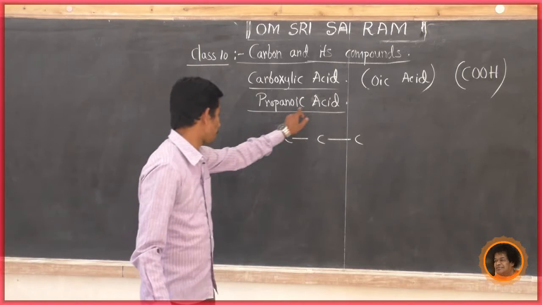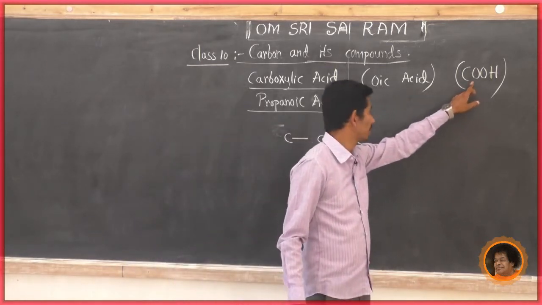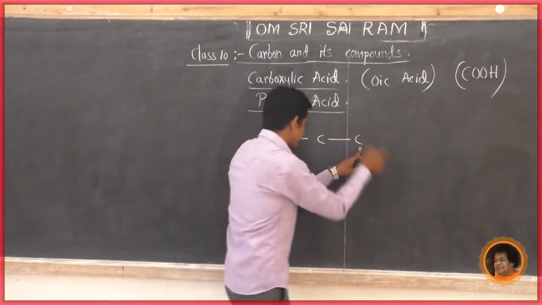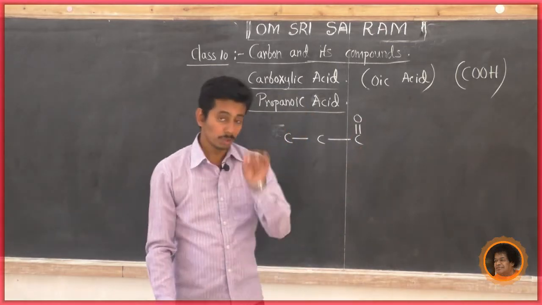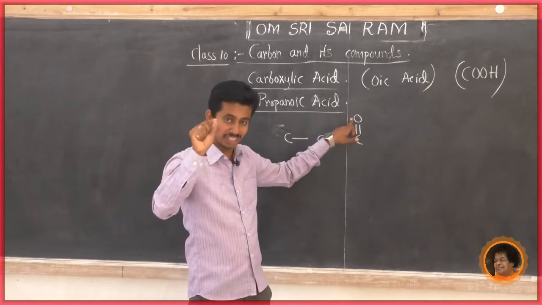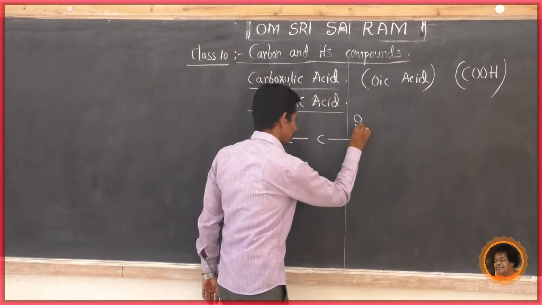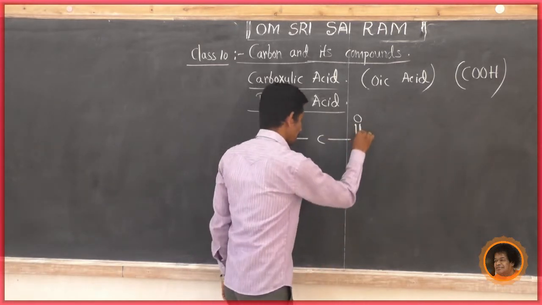After that, propanoic acid ends as a carboxylic acid. What is the functional group of this carboxylic acid? COOH. So use this C and double bond O. Why double bond? Because oxygen in its outermost shell contains 2 electrons, so these 2 electrons are shared with this carbon, giving a double bond.